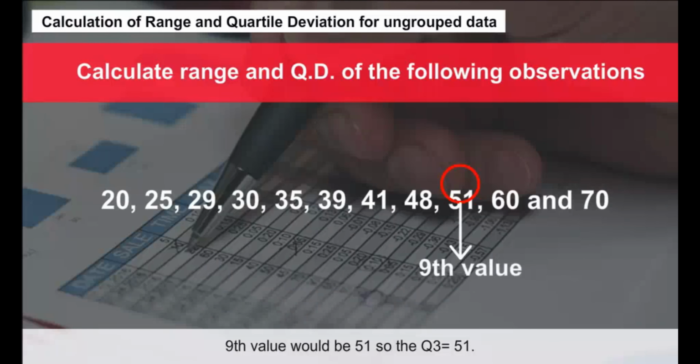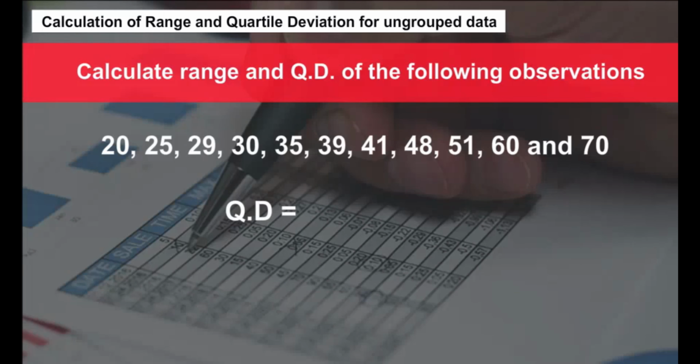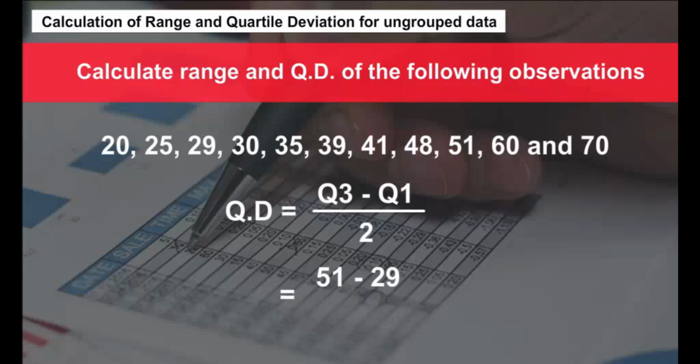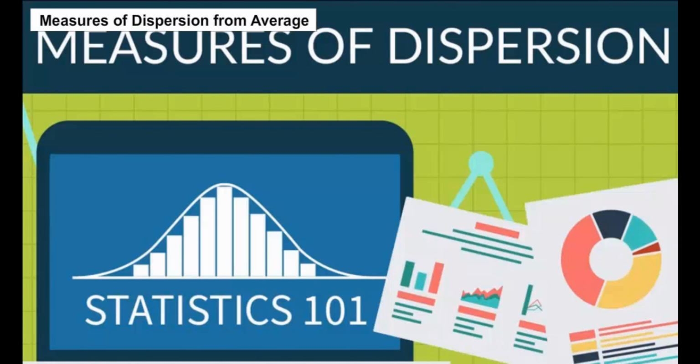Ninth value would be 51. So, Q3 is equal to 51. QD is equal to (Q3 minus Q1) upon 2, which is equal to (51 minus 29) upon 2, which is equal to 11.